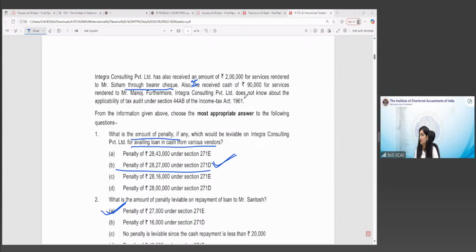Prashant, which section is applicable here?